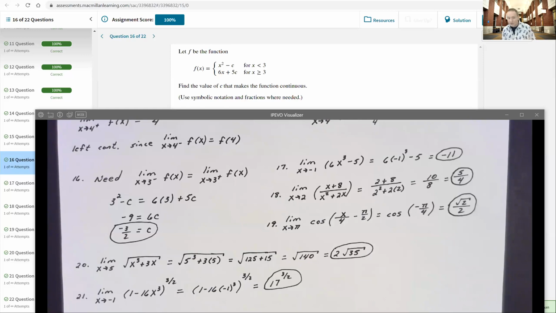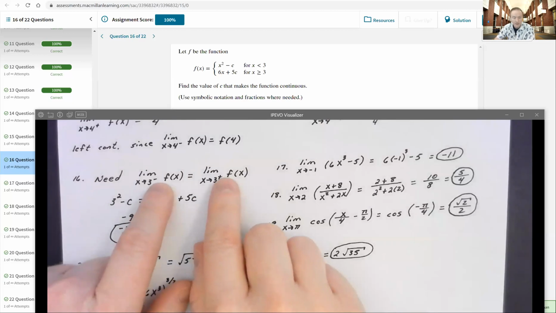So now what we are supposed to do is find the value of c that makes this continuous. No problem. How is the piecewise function going to be continuous? A quadratic function is always continuous. A linear function is always continuous. But a piecewise function could be discontinuous at the piece where they join up. We need to make sure the left-hand limit and the right-hand limit start and stop at the exact same point.